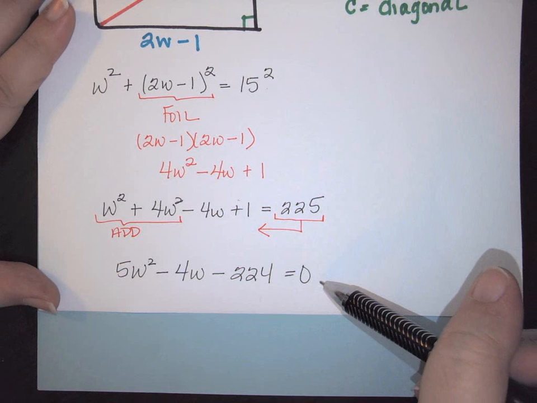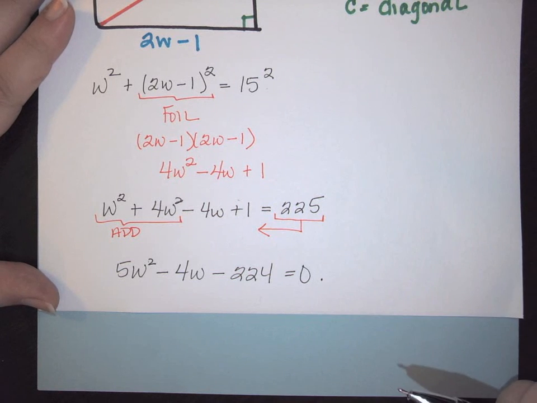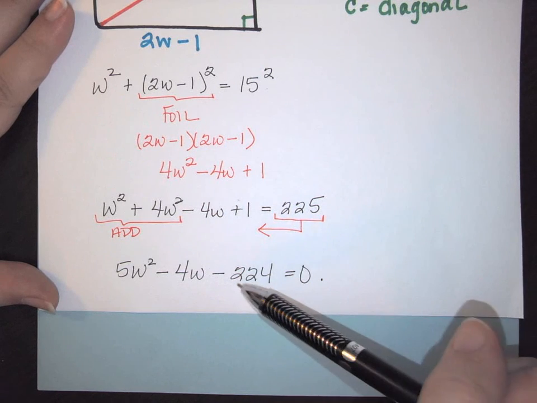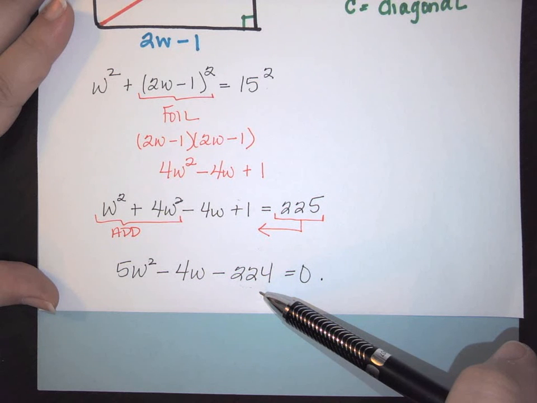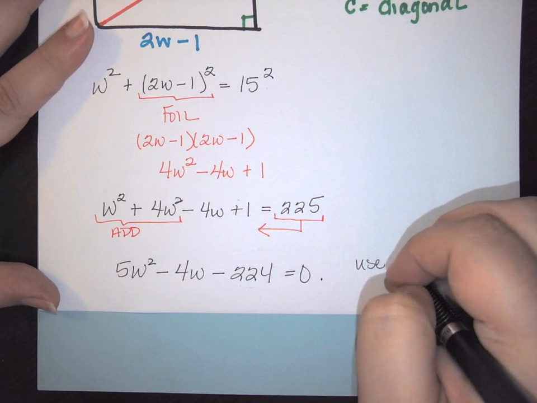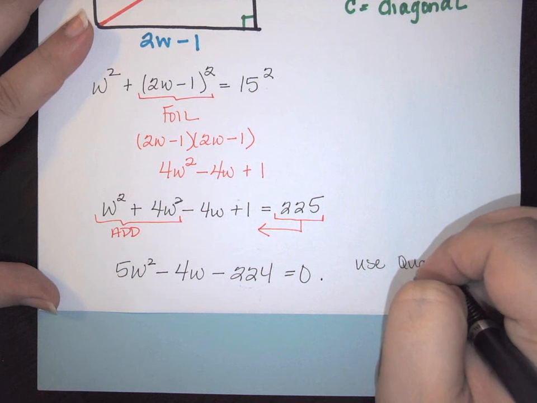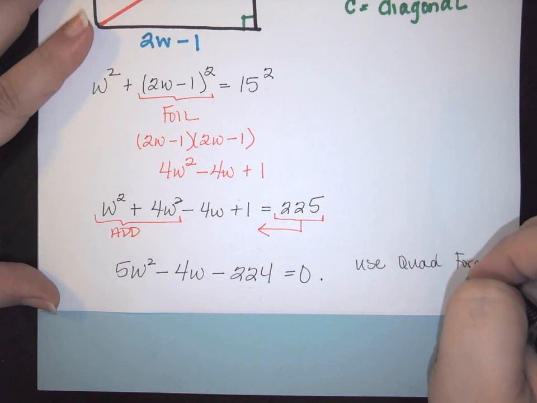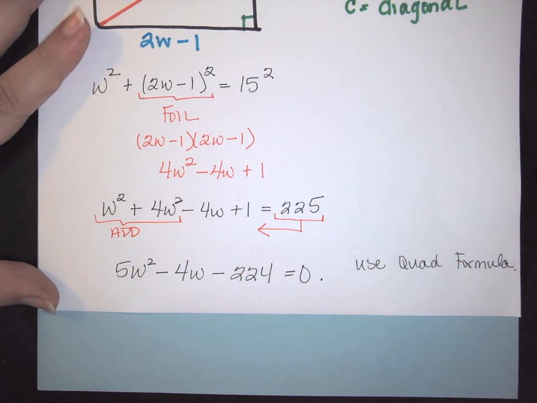So what we have to do with this is we have to solve it. Now, because this value is so large, I would use your quadratic formula in order to solve it down.